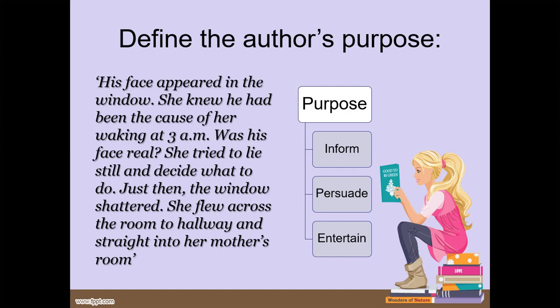Alright, dear students, if you have chosen the third category, that is to entertain, your answer is correct. Because this passage is a short story, and here the author's attitude is shown with the third person, like he, she, and the main purpose is to entertain the reader, because the author is sharing a story that has happened and wants to attract the reader's attention.